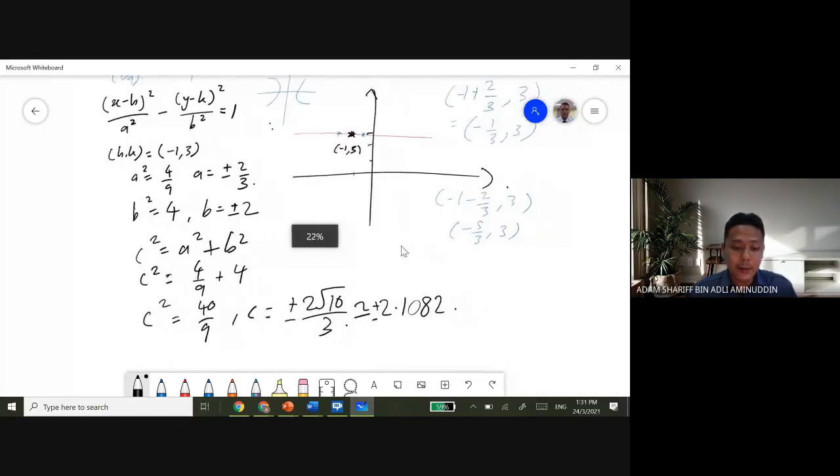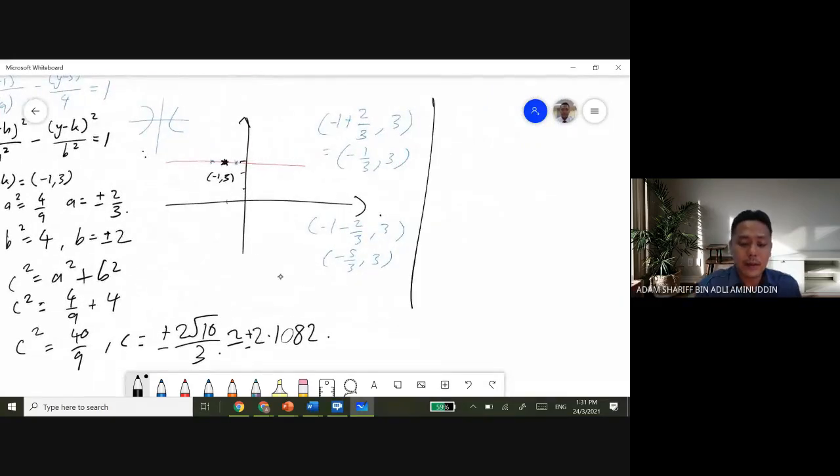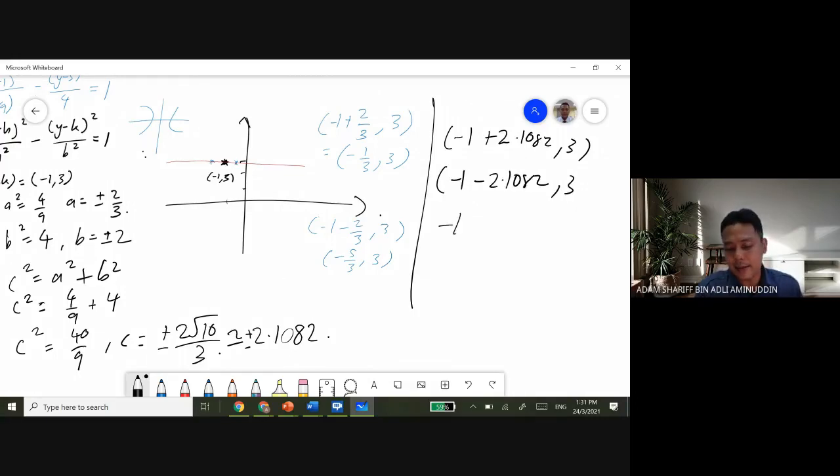Okay, so highlight untuk center pula, this will be negative 1 plus 2.1082 and negative 1 minus 2.1082. Habiskan saya, mungkin tak cantik lah saya lukis. Nanti untuk jawapan yang lengkap saya kena plot dalam satu software.